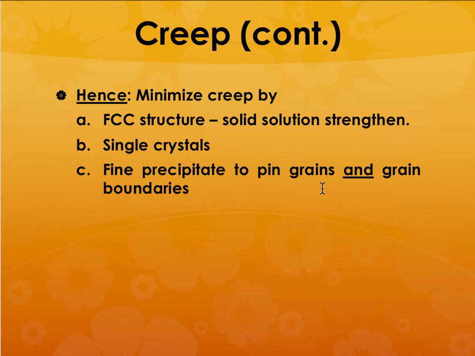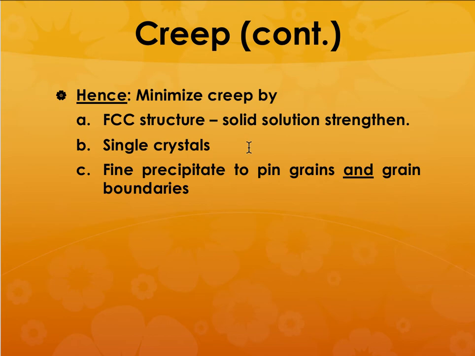Okay, so you use crystal structures that are less prone to creep. That would be face-centered cubic. And even after face-centered cubic, use solid solution strengthening of the material. Or you use single crystals. The fewer grain boundaries you have, the less tendency for the material to fail. They have less tendency to slide over each other and fail.